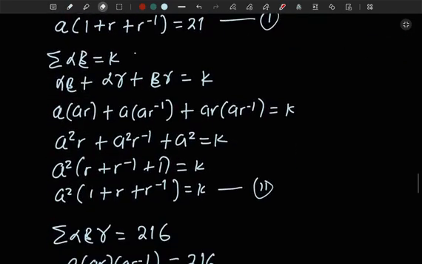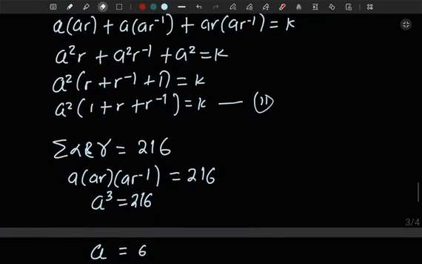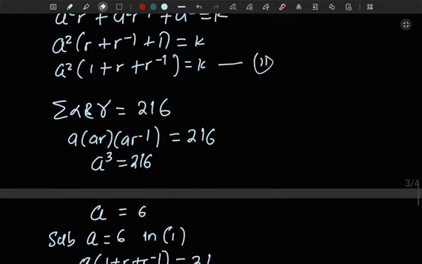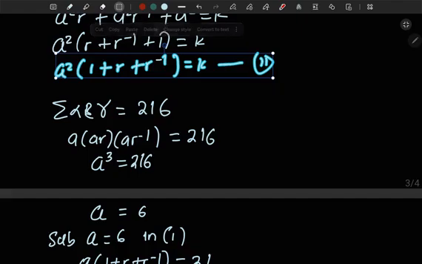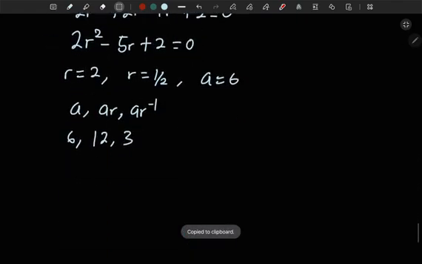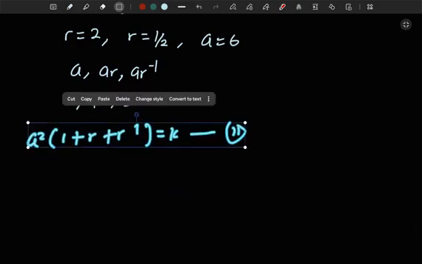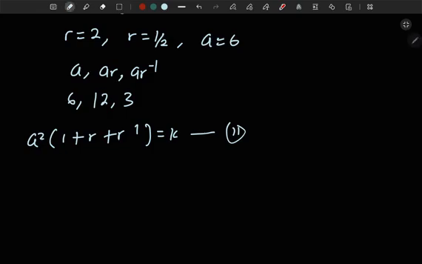All right, for the second part of the question, we have to deduce the value of k. We don't need to bother ourselves again, that is where equation 2 comes in. We can just make use of the result we've gotten in equation 2. So from equation 2, we've gotten a to be 6, so we have 6 squared times 1 plus, like I've said, you can use any of the r, either 2 or 1/2, so I'm using 2 now.